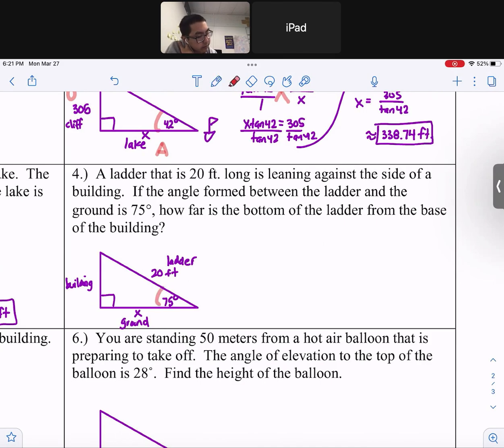So in the perspective of this angle, this is adjacent over hypotenuse. So cosine 75 equals adjacent over hypotenuse.